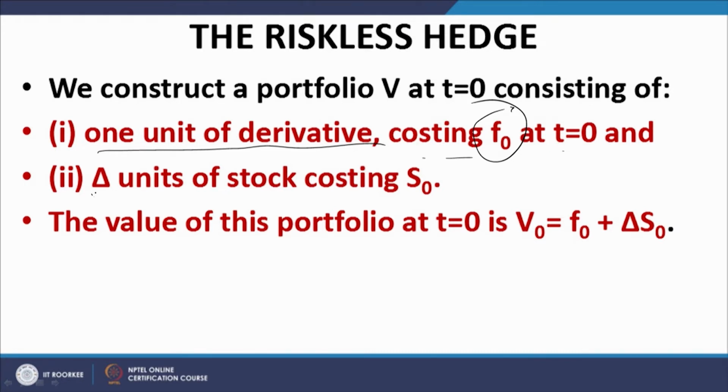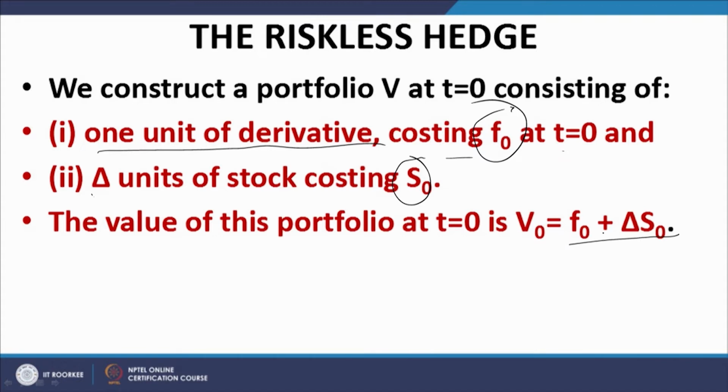We will come back to it, we will try to find out by virtue of certain equations, but delta units of the stock costing S0 per unit. So, the cost of taking delta units of the stock will be equal to delta into S0. So, the total cost of setting up this strategy is equal to F0 plus delta S0.